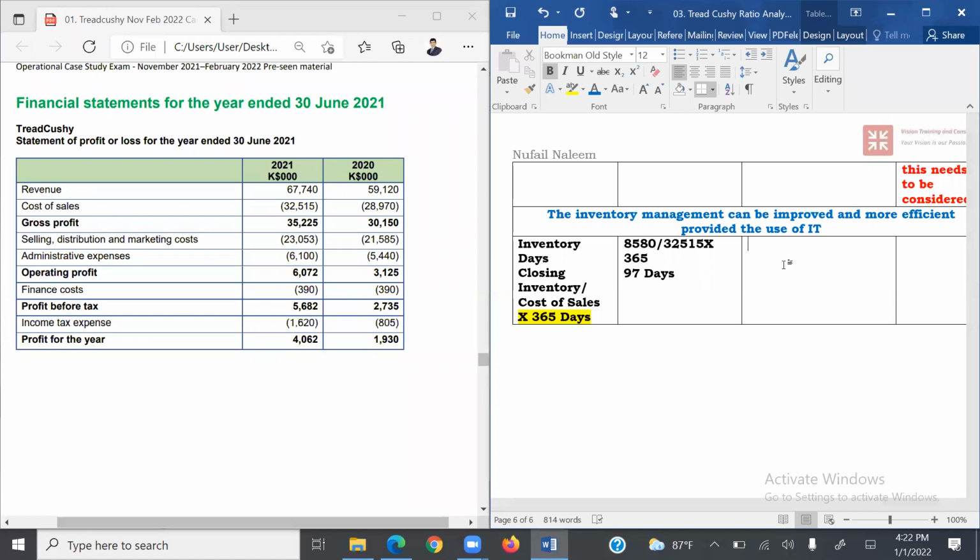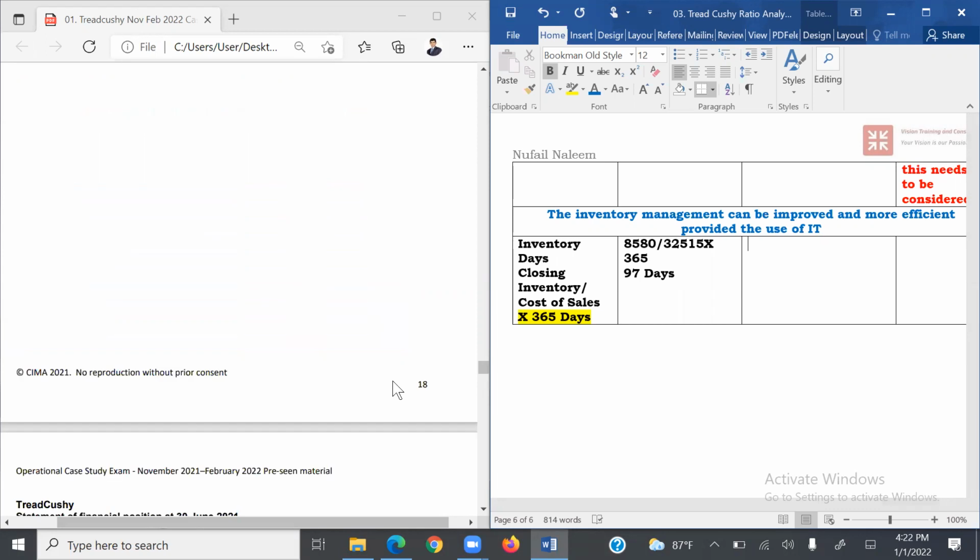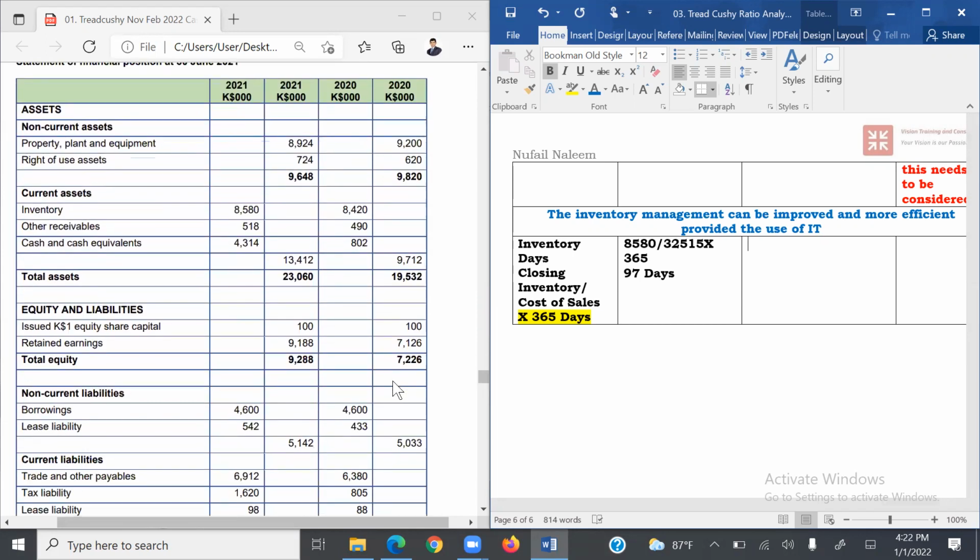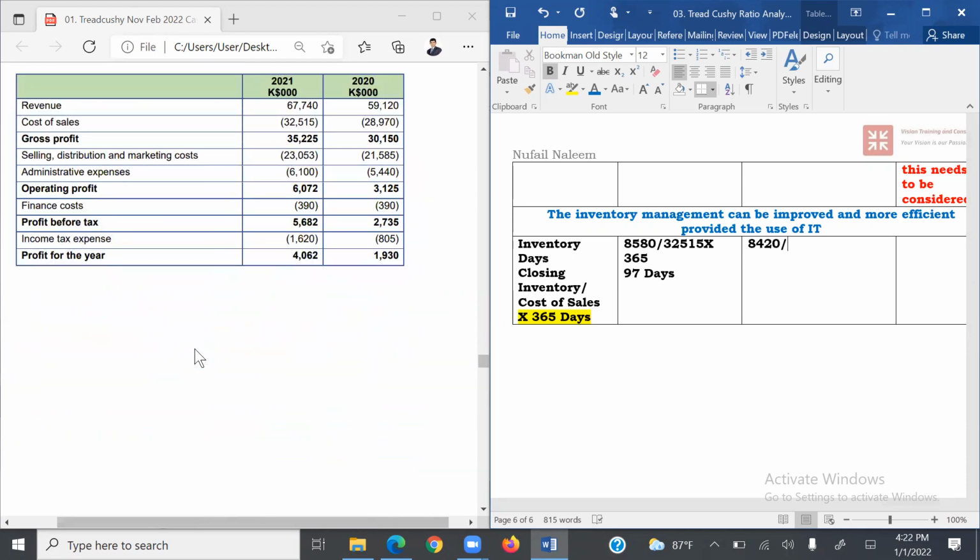Okay, so the next one, students, if you see the closing inventory once again, let's look at that. 8,420 divided by, if you do not mind, quickly see the cost of sales, that is 28,970. 28,970 multiplied by 365.